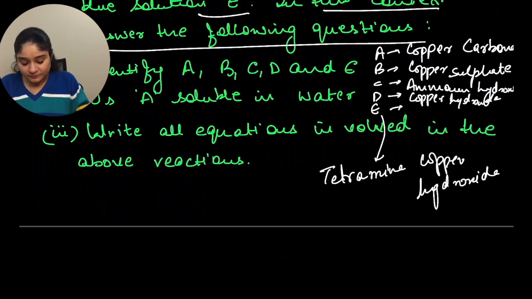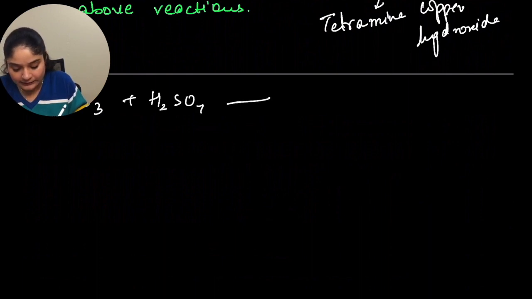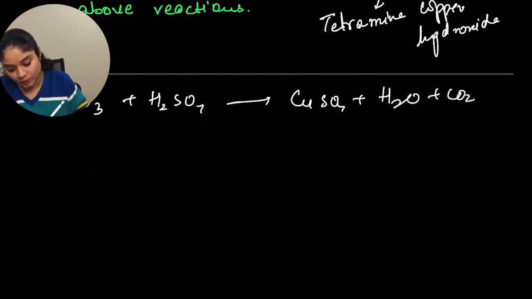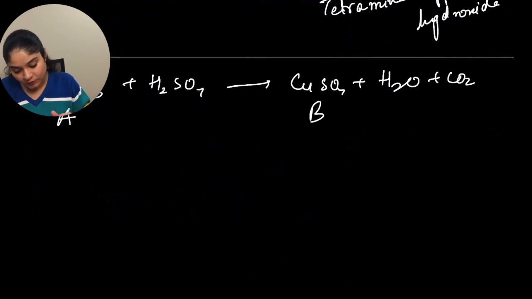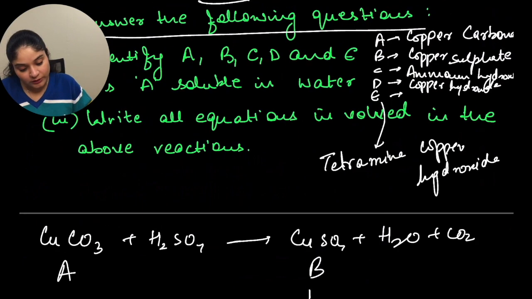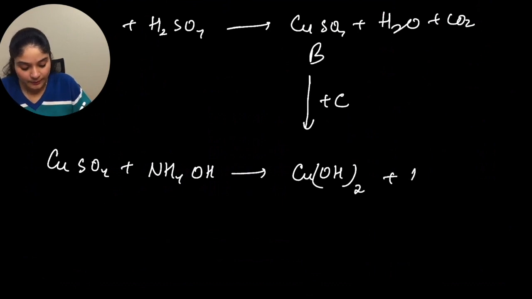Now the third question says write all the equations involved in the above reactions. So the first thing will be you have A. So you have copper carbonate CuCO3 reacting with sulfuric acid which gives you CuSO4 plus H2O plus CO2. This is your A, this is your B. Then you have C. So in B, you are adding C, that is CuSO4, and your C was ammonium hydroxide. NH4OH will give you Cu(OH)2 plus (NH4)2SO4.